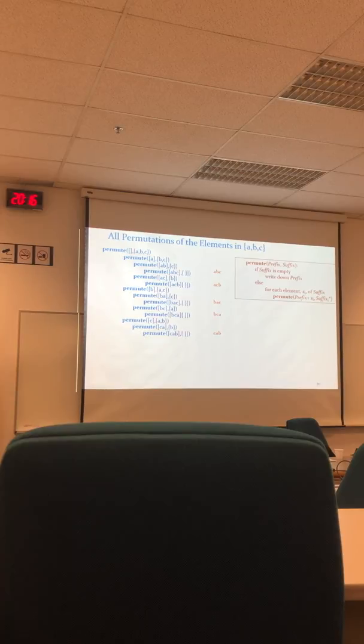This one will be the suffix. Then for each element in the suffix, we find the permutation, then add on, for each element in this set. So altogether n elements. Once you do it this way, you divide the problem into n subproblems.